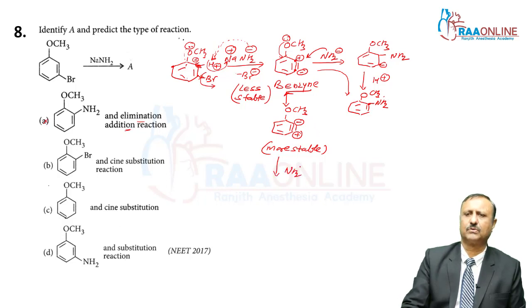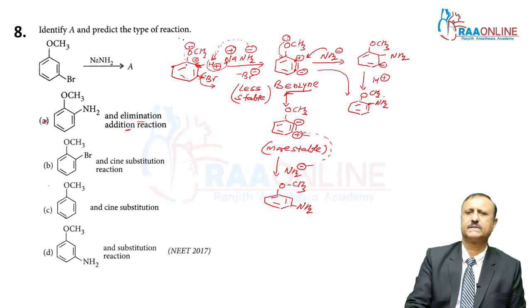benzene, this NH2 group attacks on this carbon atom. So my dear students, the main product or major product you can get is where this NH2 group is attached on this meta position. And here you can see this NH2 group is attached on this meta position, and the bromide ion is replaced.